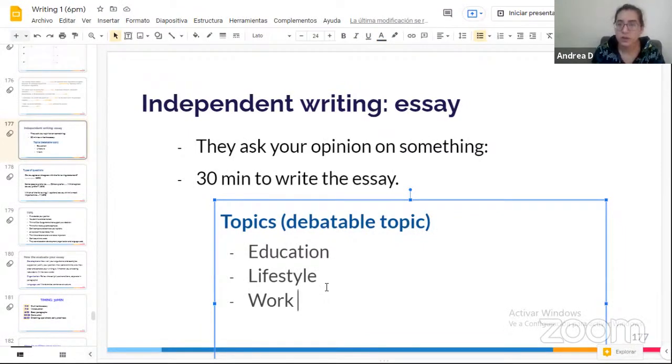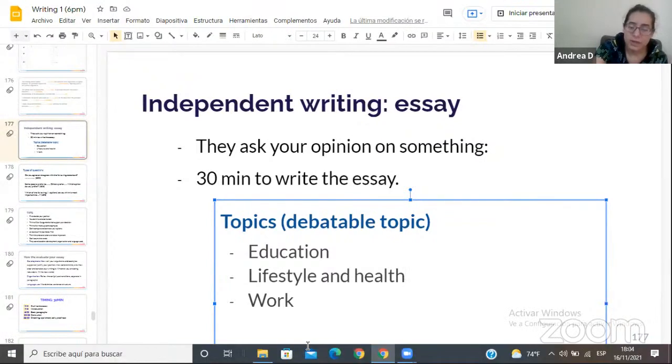So maybe what you think of online classes, or whether you prefer traditional classes, or printed books versus ebooks, that's academic life. Sometimes you also have something about lifestyle and health. So maybe what your opinion is on sleeping early versus sleeping late, or waking up early, waking up late, or working out, eating healthy, those kinds of things.